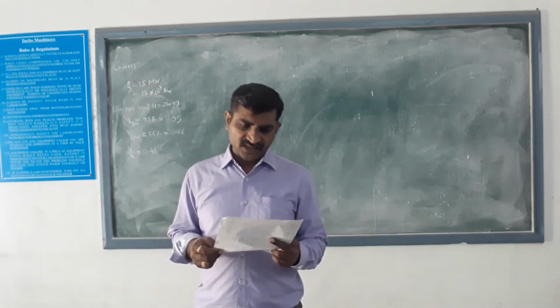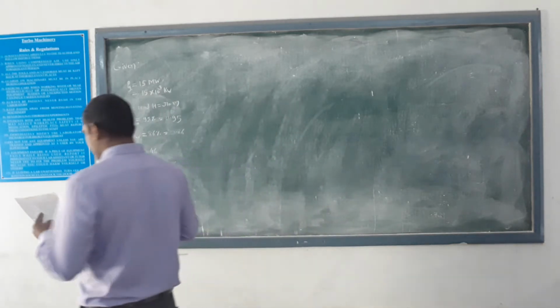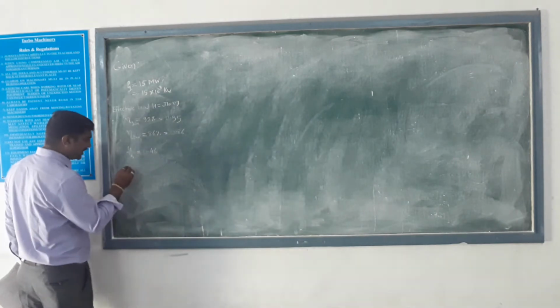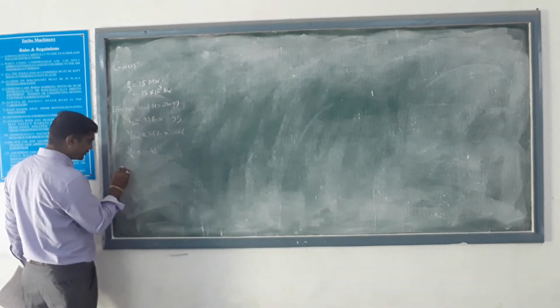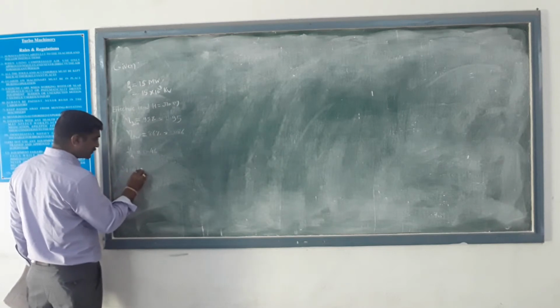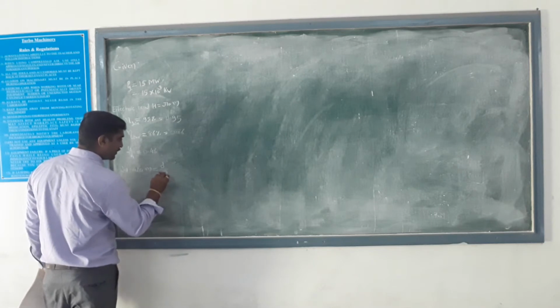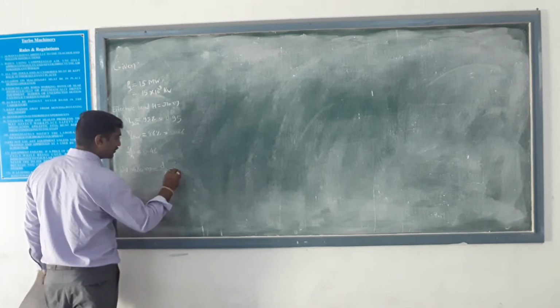Also given, jet ratio is 12, which means m equal to D by d equal to 12.